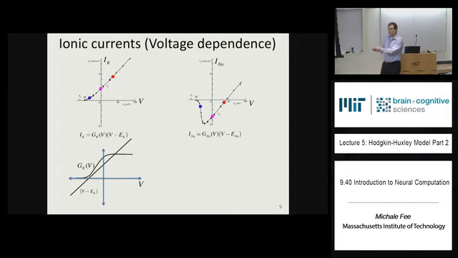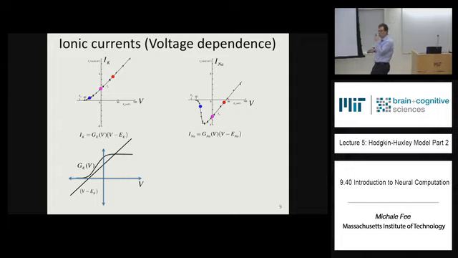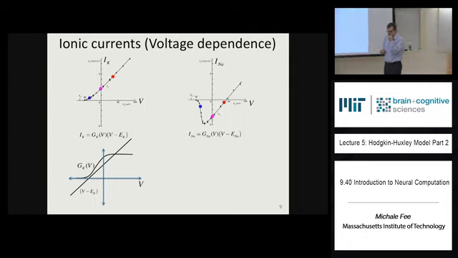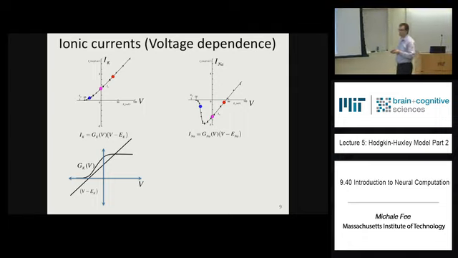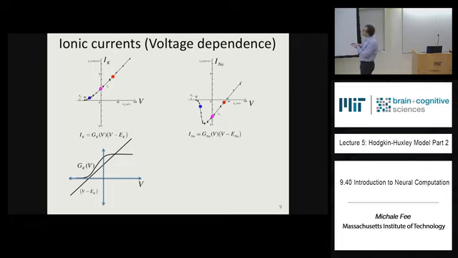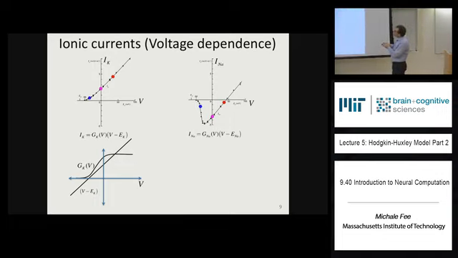Right? Yes? So why is the potassium current 0 when it's more negative than EK? Why doesn't it go in the other direction? Why doesn't this curve do something else? Like, why doesn't it keep going? Yeah, like, why isn't there an inward current when it's more negative?